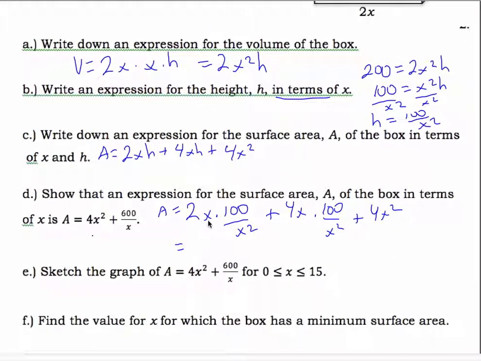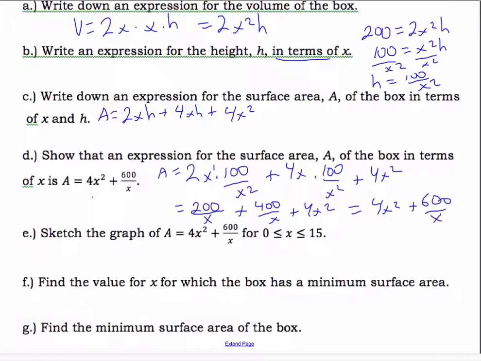Okay, so here we get 2x times 100, that's going to give you 200, and x to the power of 1 divided by x to the power of 2 gives us just x. And over here we're going to have 400 out of x, and here we have 4x squared, and add these two together we get 600 out of x, which is what was required in the question.